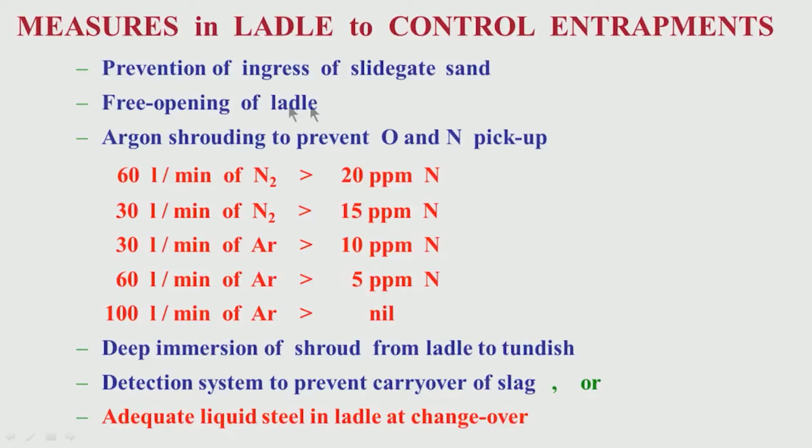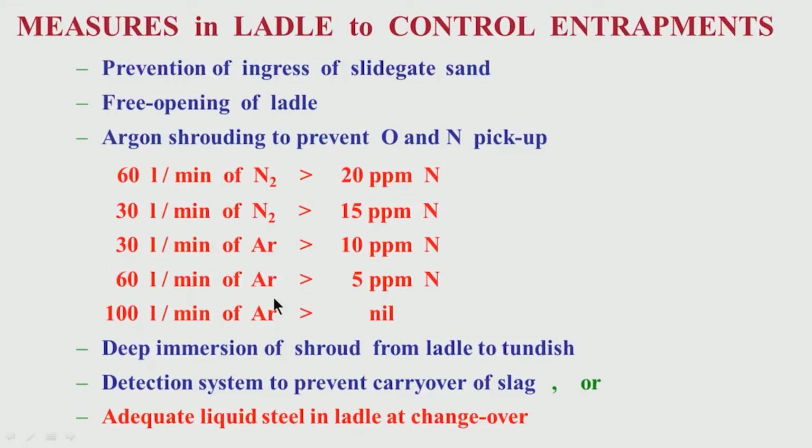So, when you are opening it free, then what happens? As I was telling you, we have to use argon shrouding. Now, the question is how much argon do we use? I had mentioned in the last session that we have to use around 100 liter per minute of argon to control total cutoff of air ingress.